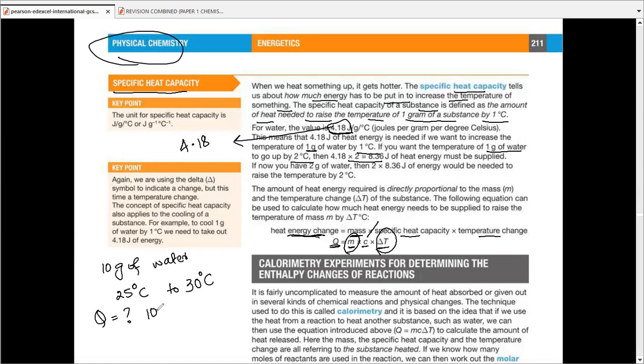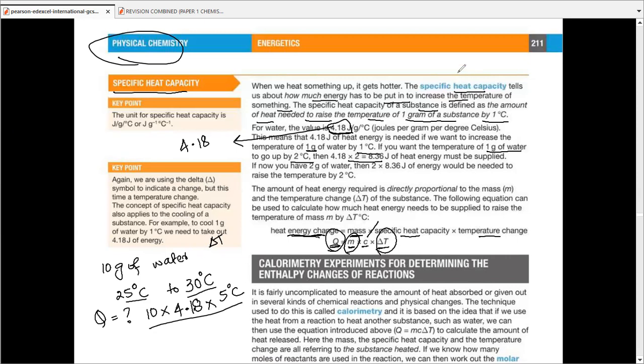So it's 10 times 4.18. So how many degrees of temperature did we increase it by? Remember, this is delta T, and delta T means we are going to subtract these two in order to get our answer. So the answer would be 5 degrees Celsius. So those are the three numbers that we're going to multiply in order to get the value for Q. Make sense?